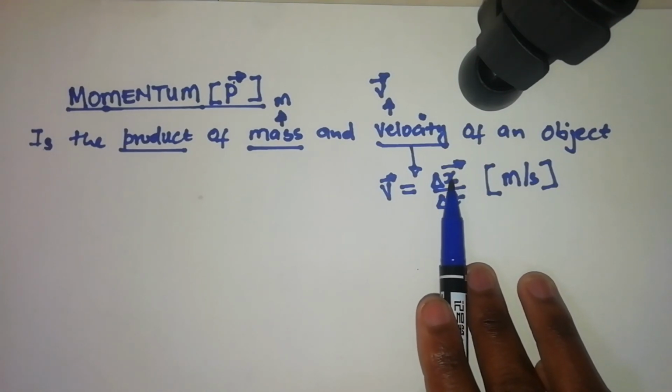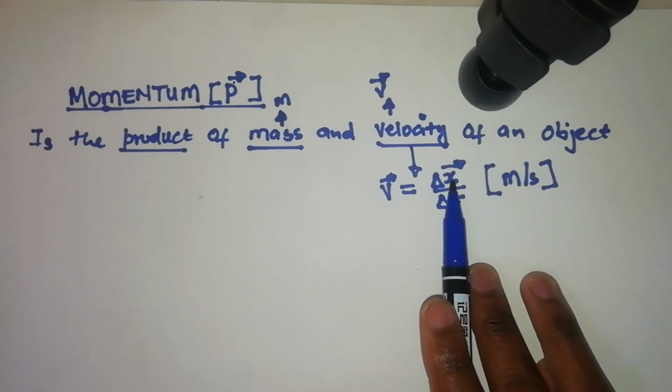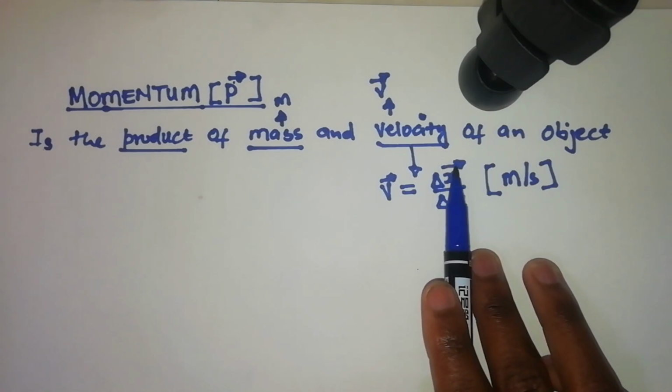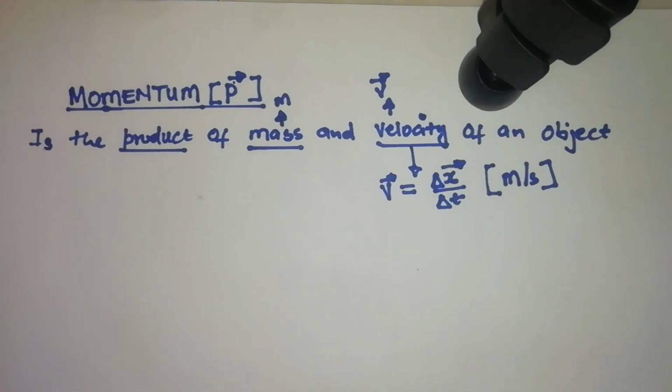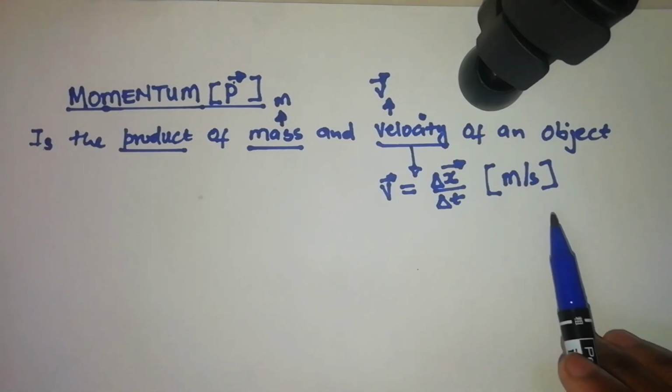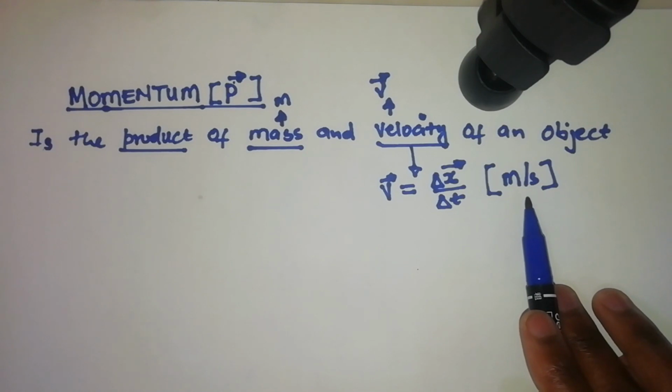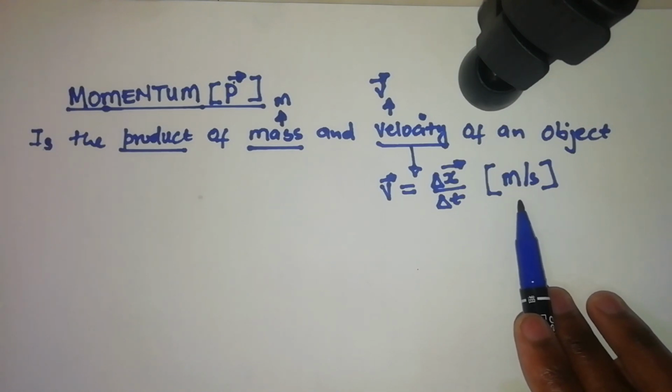You can see that the symbol for position has an arrow above it, indicating that position is a vector quantity. It has both magnitude and direction. The SI unit for velocity is meters per second. It's very important when you are doing your calculations to give your numeric answers the SI units.